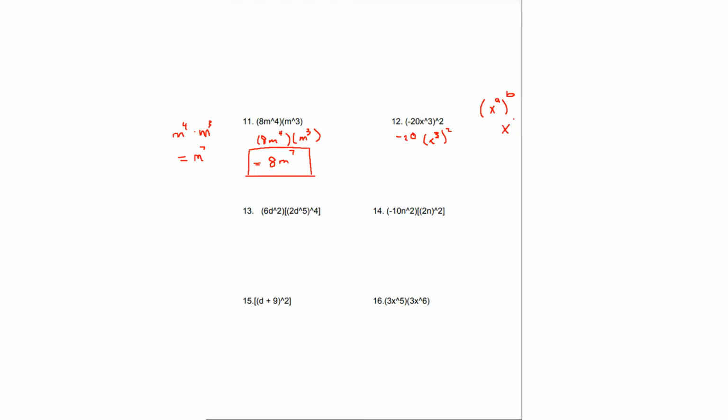So this would be x to the power of a times b. So here it would be negative 20 times 3 times 2 is 6. So x to the power of 6. So the answer for this is negative 20 times x to the power of 6.